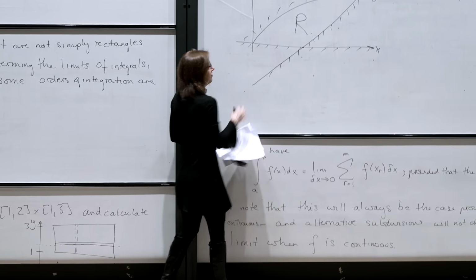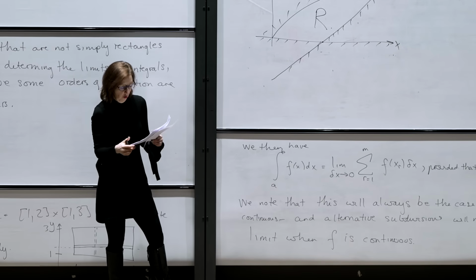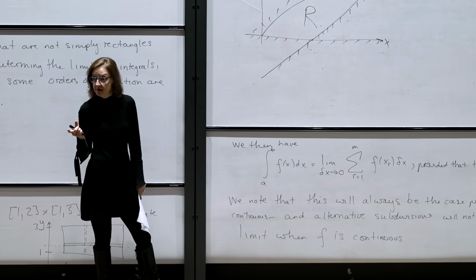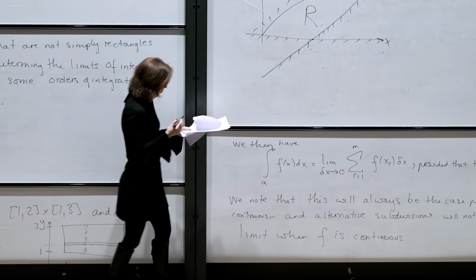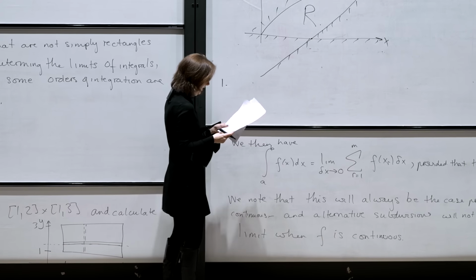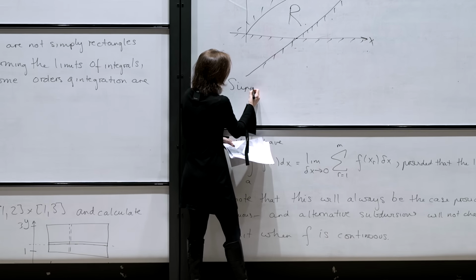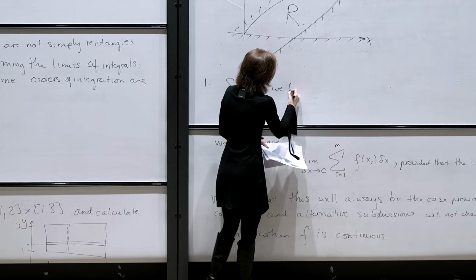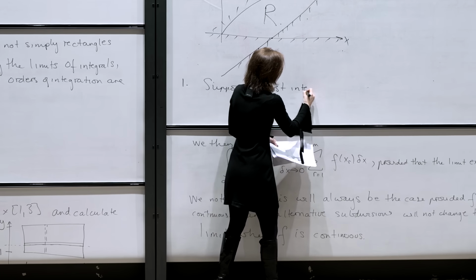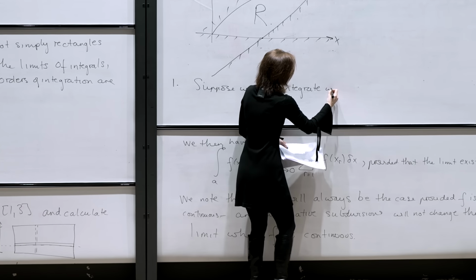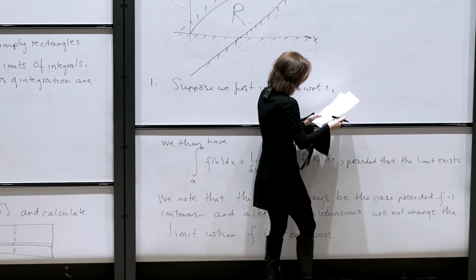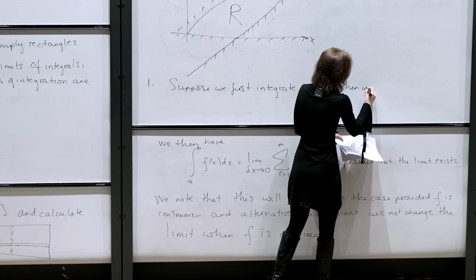As I said, we can integrate with respect to x and then y, or y with respect to x. We're going to do it both ways and you can decide which you prefer. So let's do the first way. Suppose we first integrate with respect to x, and then with respect to y.